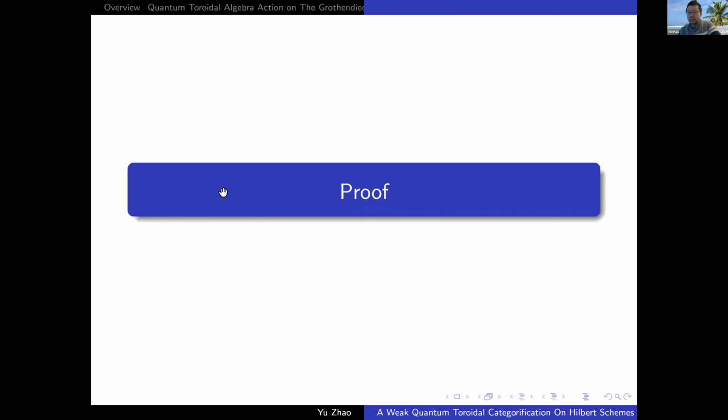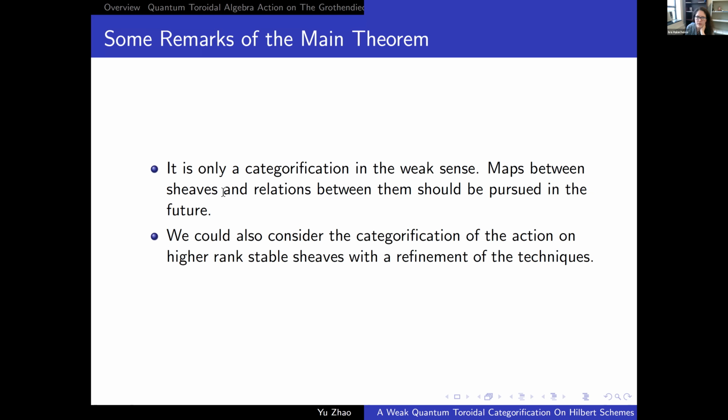Oh, sorry, and you're saying you expect that you should be able to upgrade it from the weak categorification? So the first one is that we want to upgrade from the weak to the strong sense, to the 2-categorification sense.